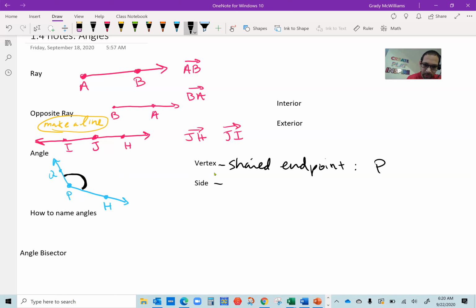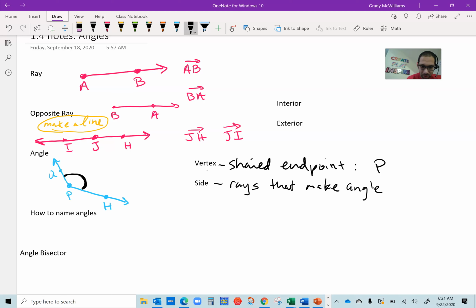The sides are what make up the angle, or the two rays there. Rays that help make angles.